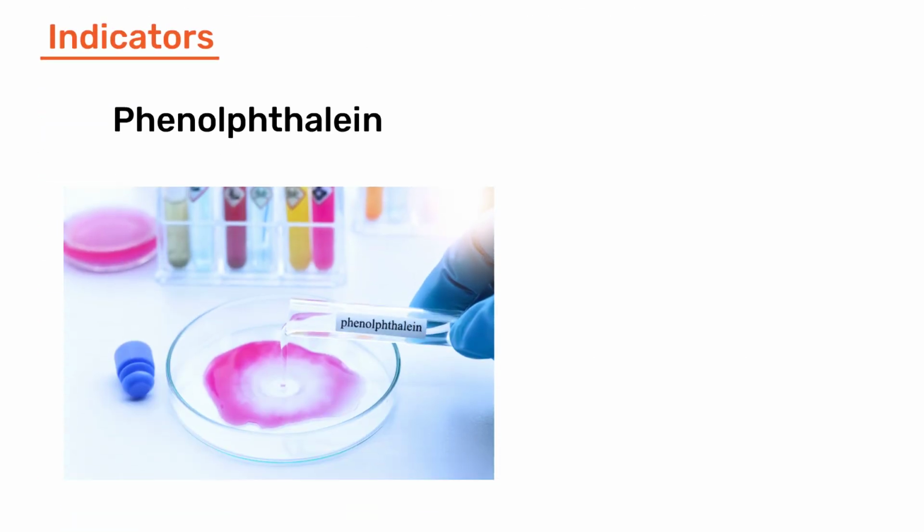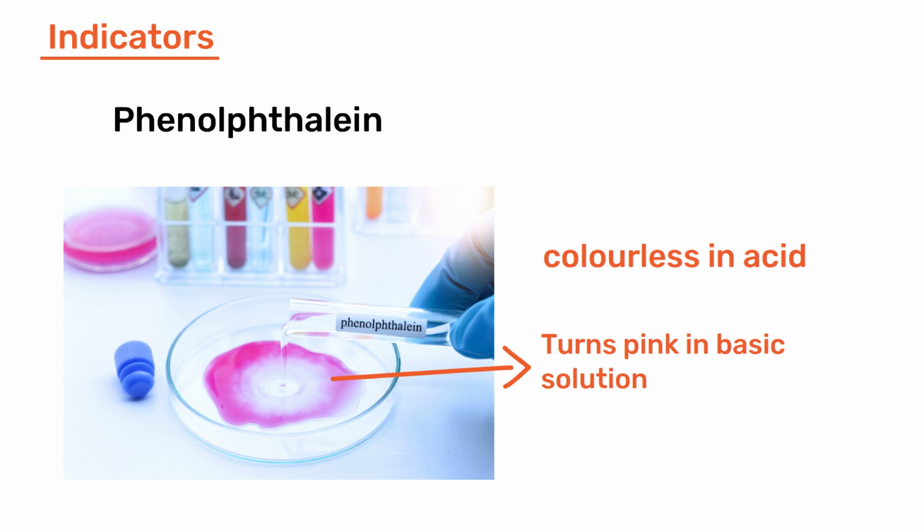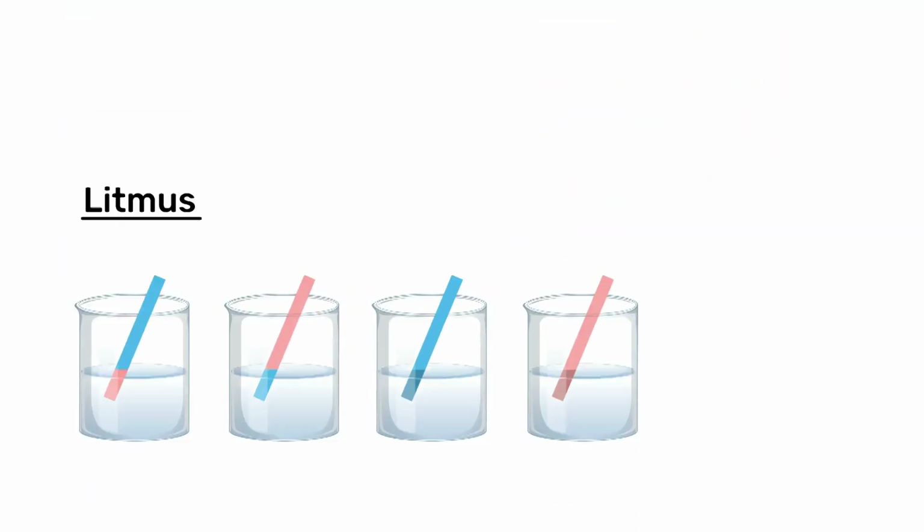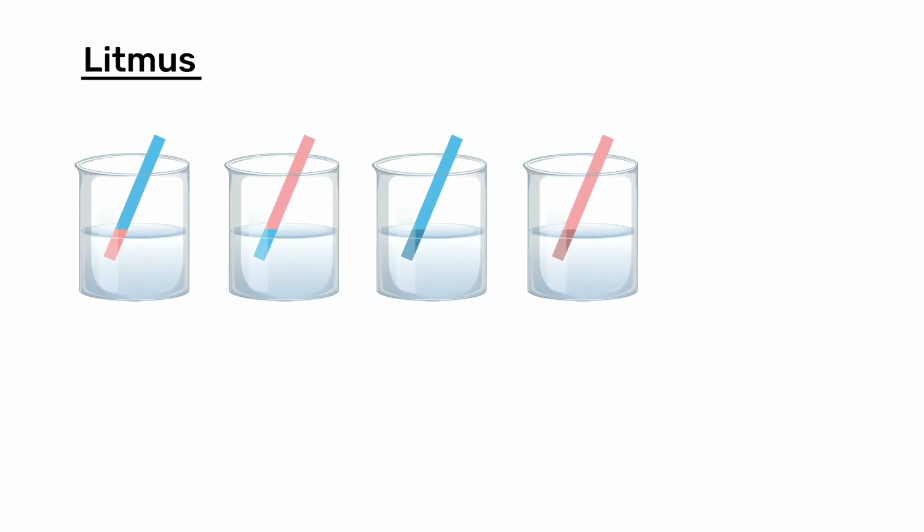Indicators are chemicals that bind either with H+ ions or OH- ions and change color, and therefore they show different colors in acidic and basic solution. For example, phenolphthalein is colorless in acid, but in the presence of OH- ions in a base, it turns pink. Litmus is another indicator.